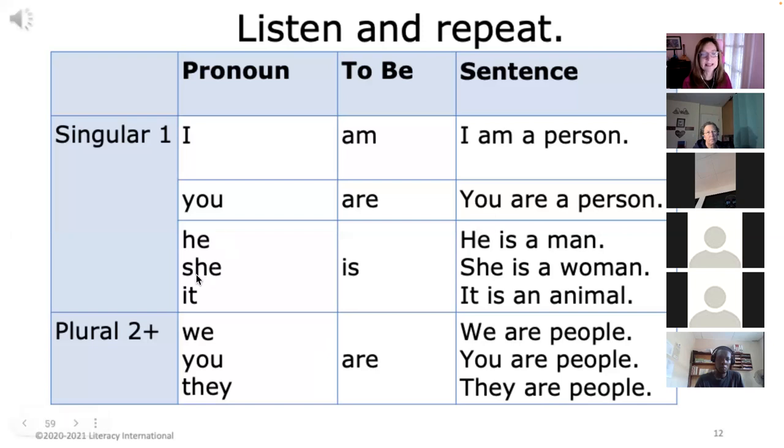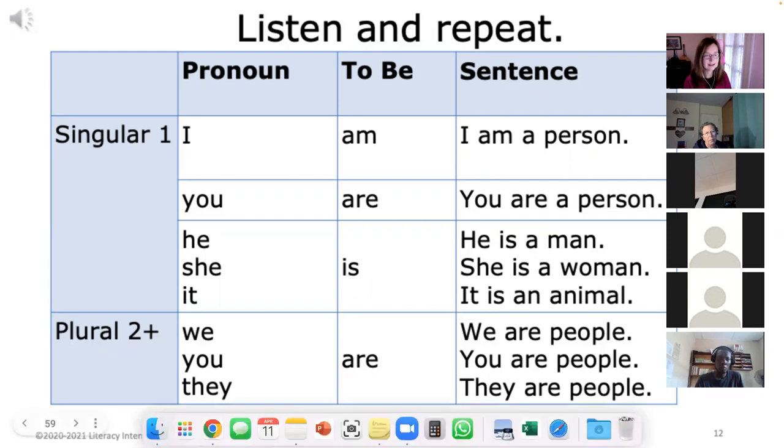And he, she, or it, if it's one person or one thing, we're going to use is. And so again, that's that third person S. We need to have an S at the end of the verb when it is being used in the singular form in the third person simple present.